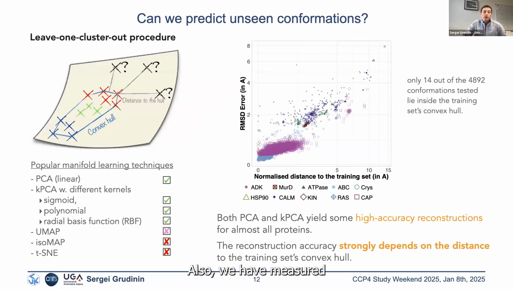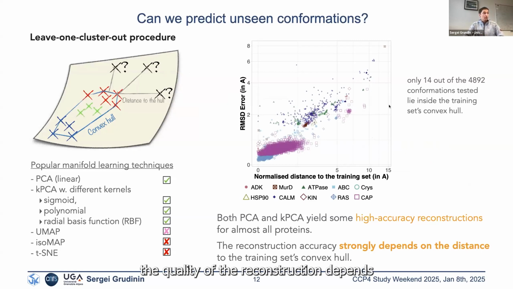Also, we have measured the quality of the reconstruction as a function of the distance to the training set. As the distance to the training set, we use the distance to the convex hull of the training set. And we can make 2 conclusions here. First of all, only 14 out of about 5,000 conformations lie inside the training set. Nearly all of them are outside, so we're always in the extrapolation regime.